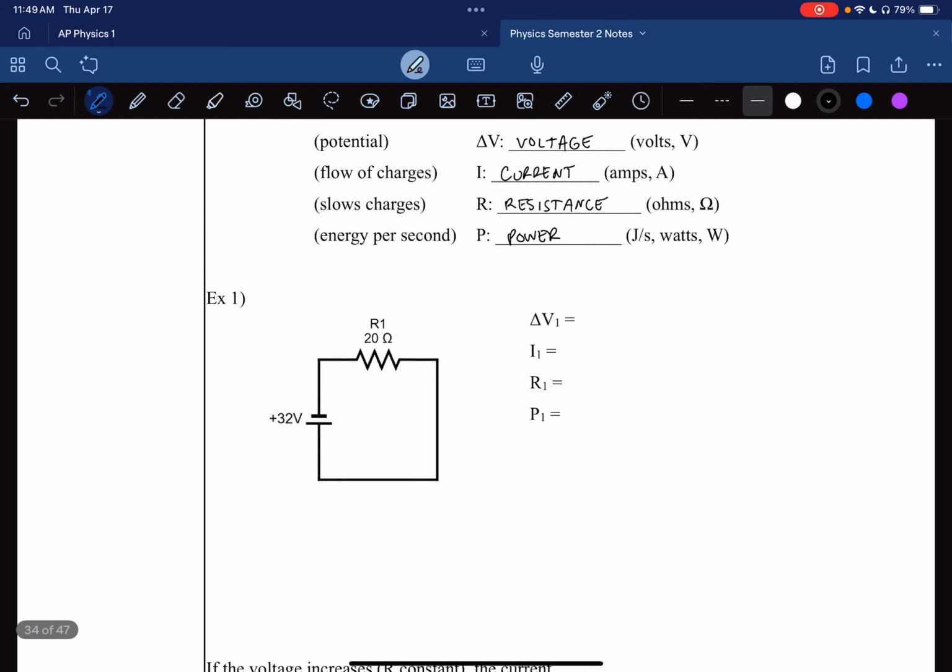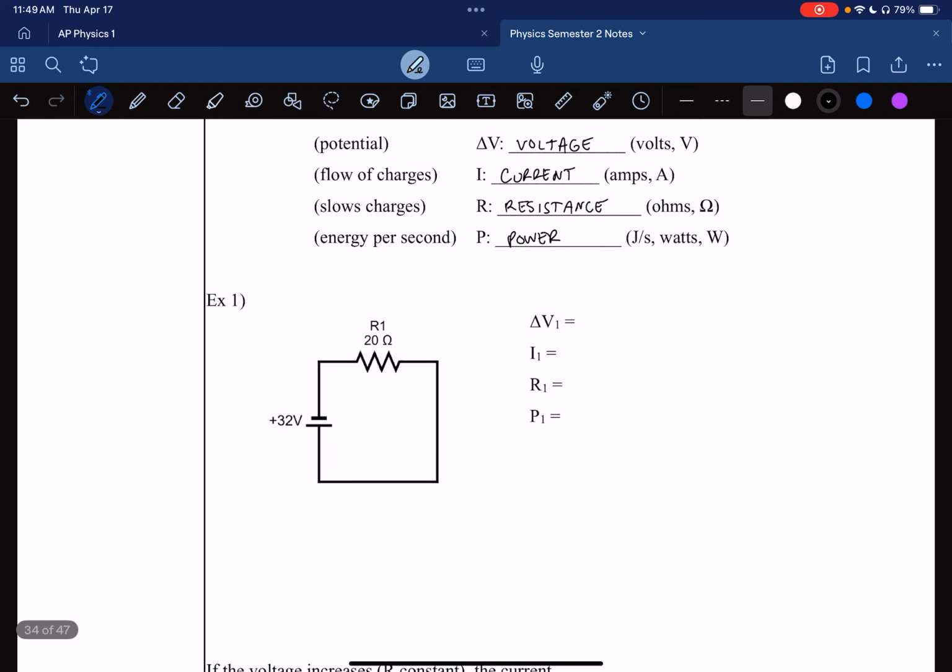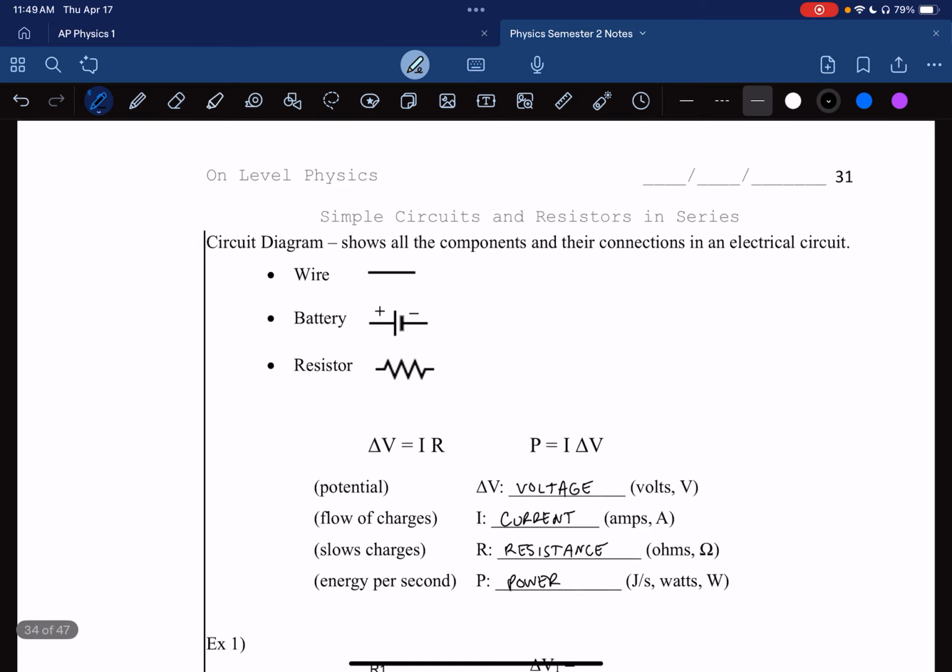So let's just jump right into an example, and I'll explain as we go along. Here's a circuit. This is a circuit diagram. So we don't actually draw a light bulb or a battery the way they look. What we have are these components.